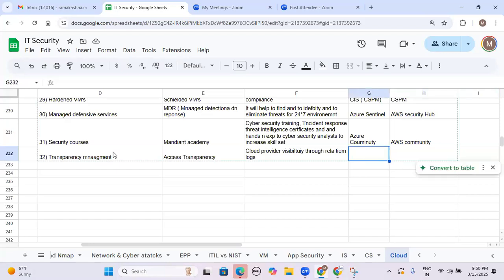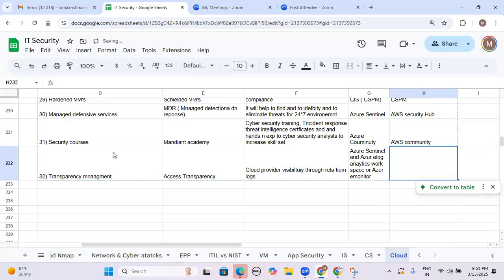By default, this is what Azure has done. Real-time log and transparency services are done under Azure Sentinel, Azure Log Analytics Workspace, or Azure Monitor. There are three services to make sure we see what's going on as threat visibility or transparency visibility.